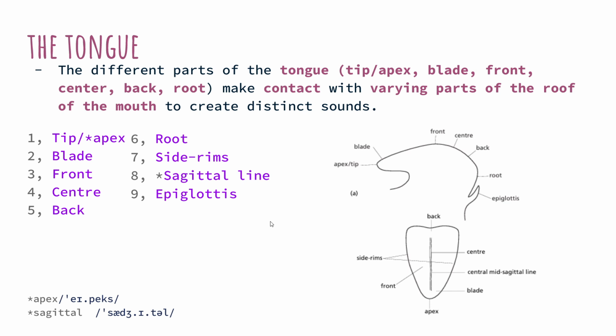They make contact with varying parts of the roof of the mouth to create distinct sounds. We can see from this diagram that the tongue even includes the epiglottis, and it also includes the side rims and the central mid-sagittal line.